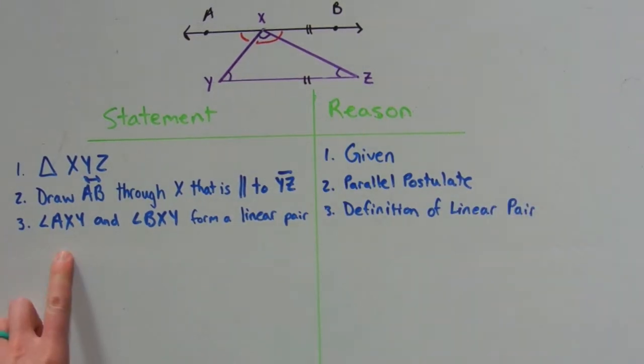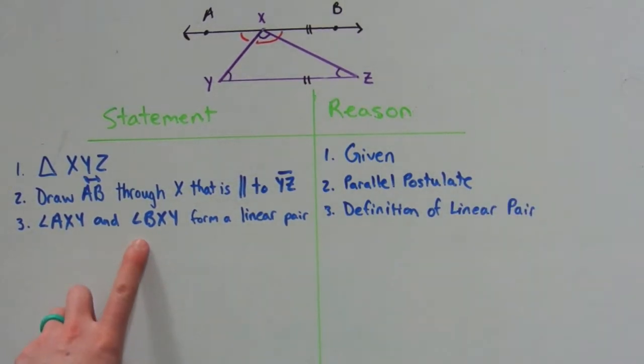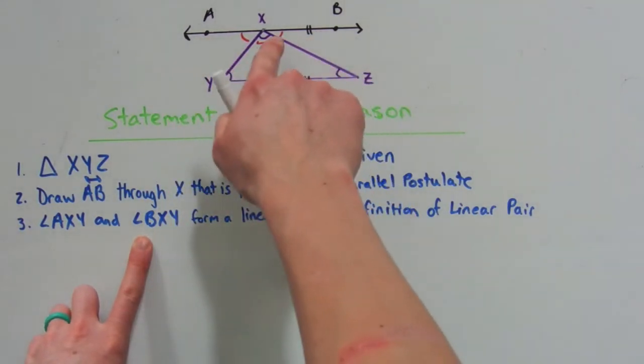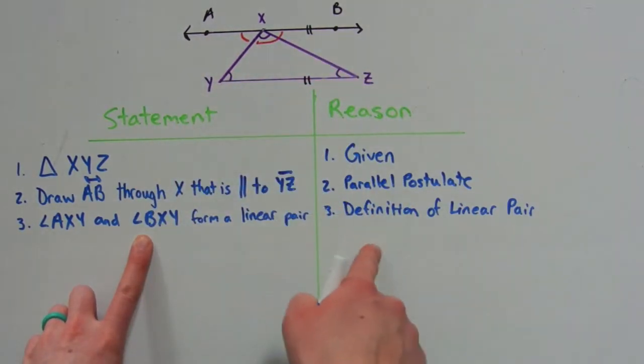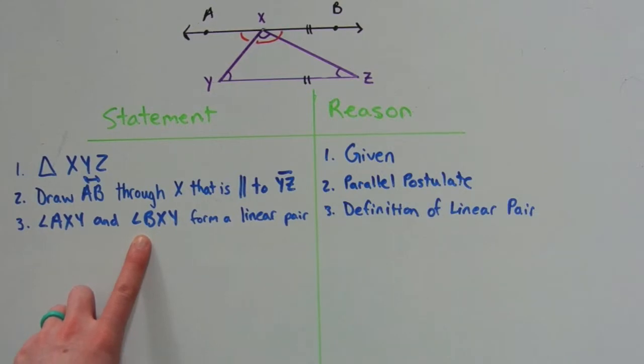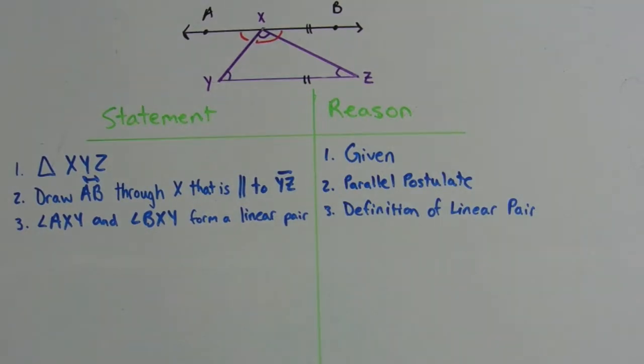So angle AXY and angle BXY form a linear pair, and that's by the definition of a linear pair. Because those two angles are a linear pair, we know by the linear pair theorem that those angles are supplementary.